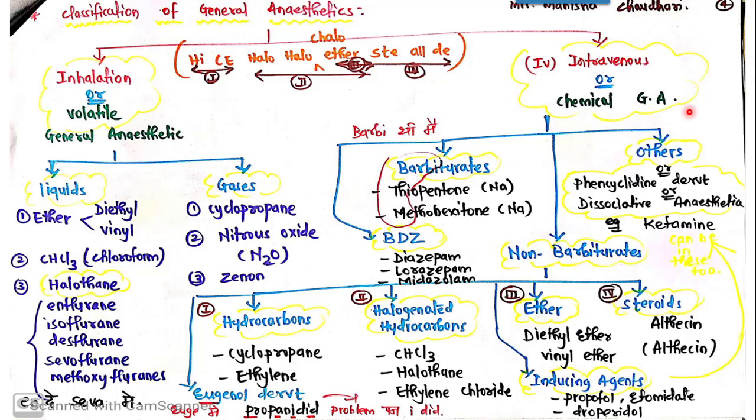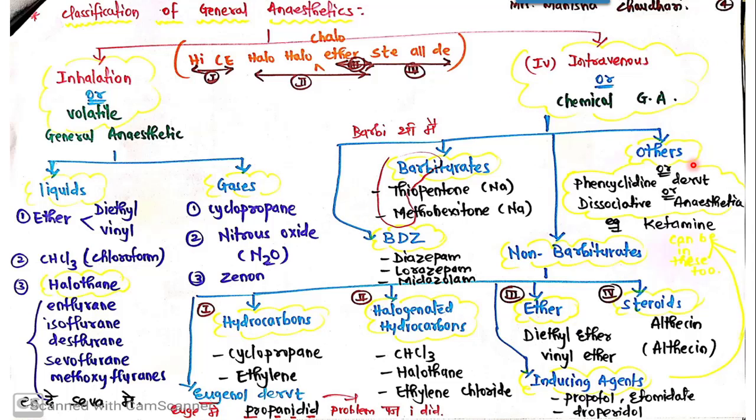So in the exam, if the question asks to give the classification of general anesthetics based on chemical classification, you are supposed to write only this class, these 4 subclassifications.